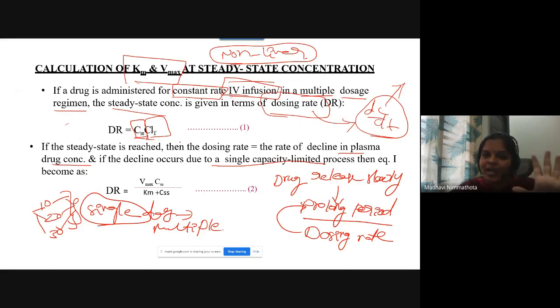What is it saying, your Michaelis-Menten equation? The drugs which follow single capacity limited mechanisms, that is nothing but a one compartment open model we assumed, right? So if your drug follows a single capacity limited process, and when the steady state is reached, so the dosing rate equals the rate of decline in the plasma drug concentration, your equation becomes.